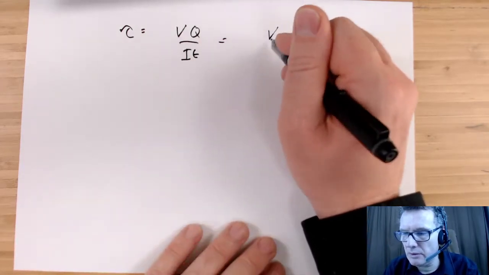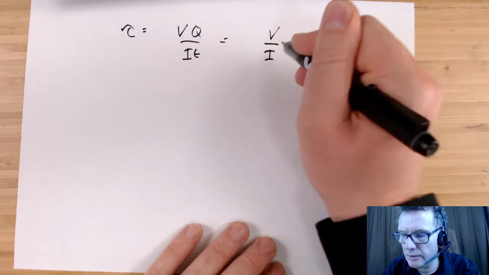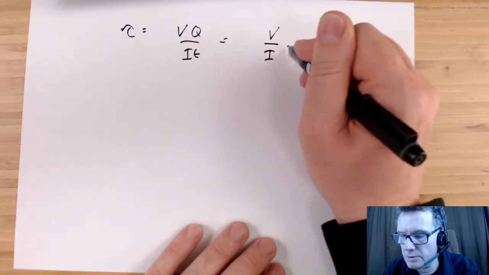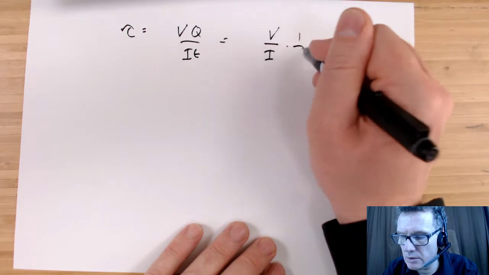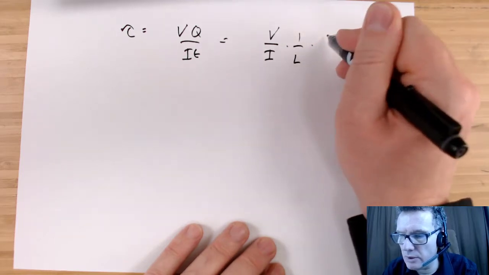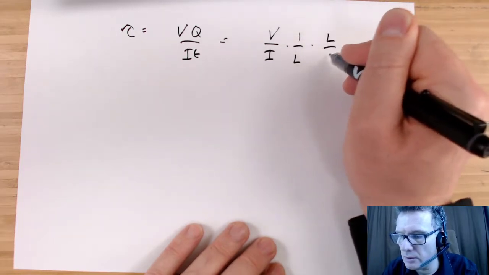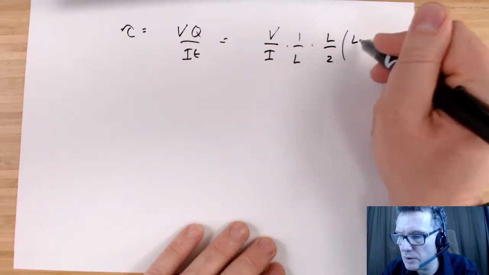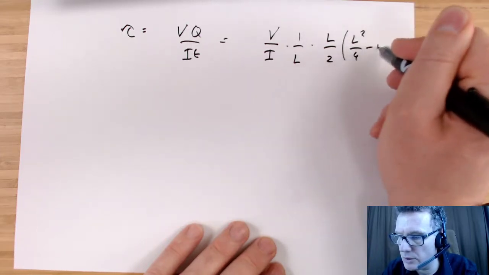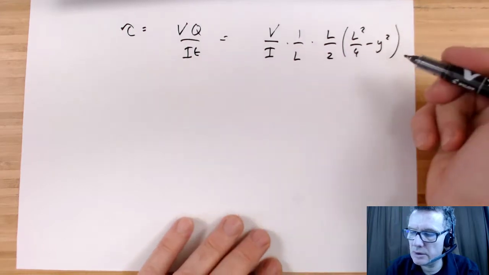So we've got V and I. t in this particular case is going to be L, and the Q we worked out to be L over 2 times L squared over 4, take away y squared.